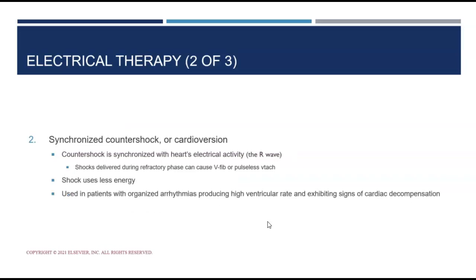So synchronized cardioversion is when the shock is delivered during a specific phase of electrical activity in the heart. It's synchronized to those R waves.